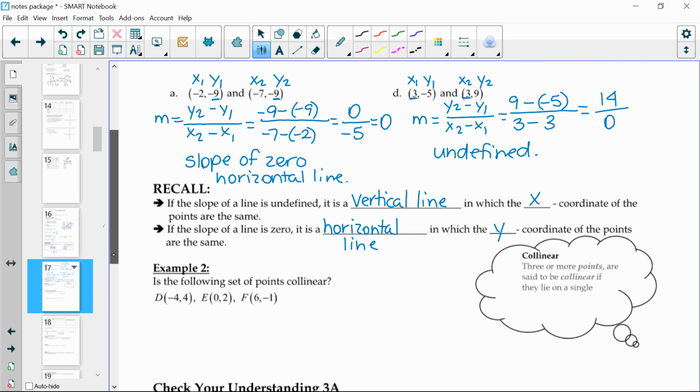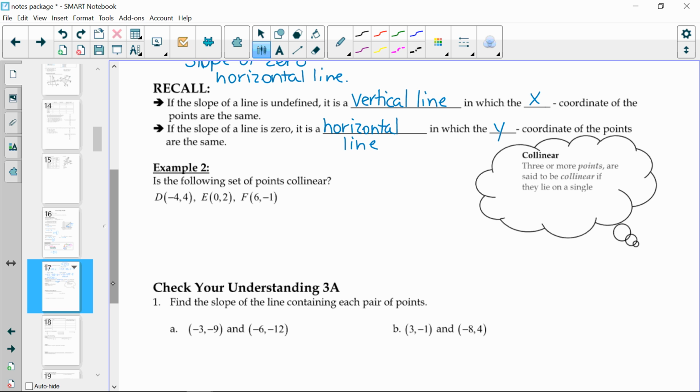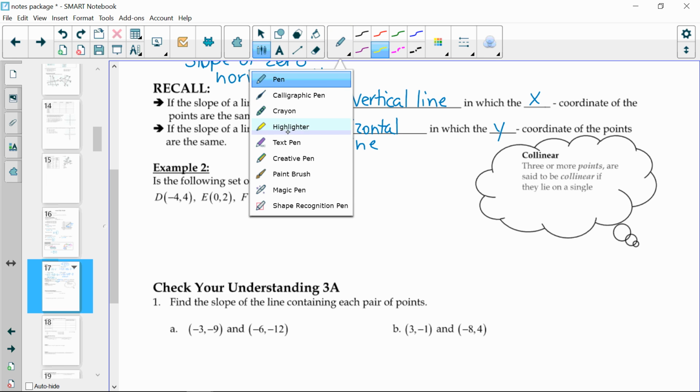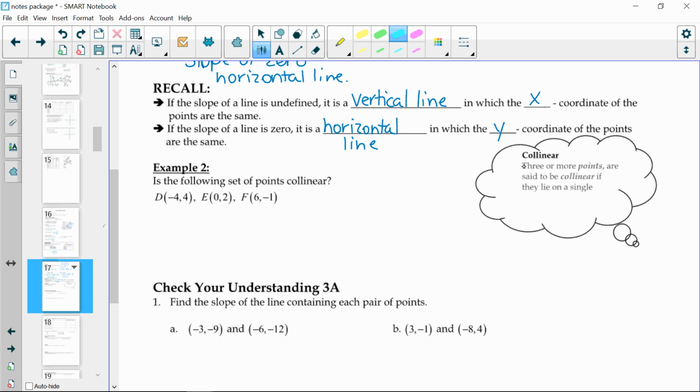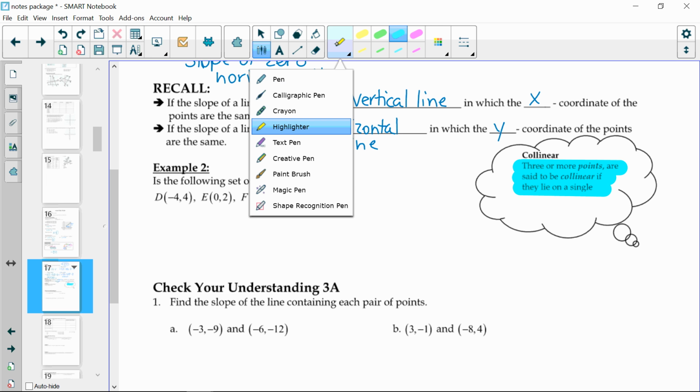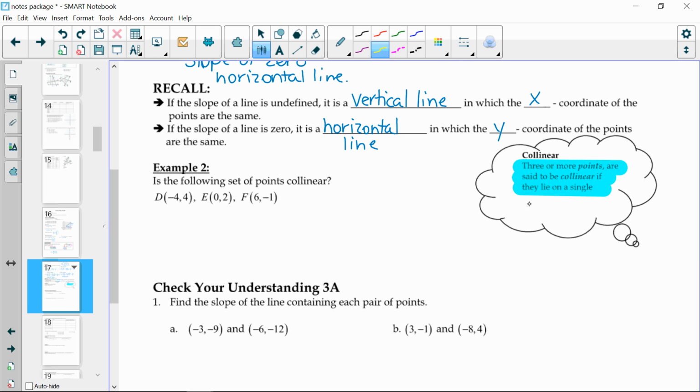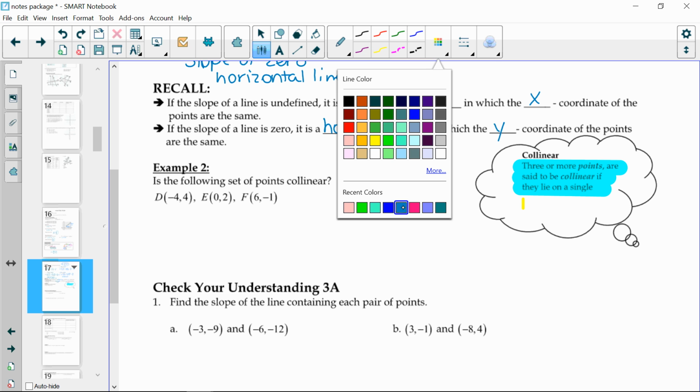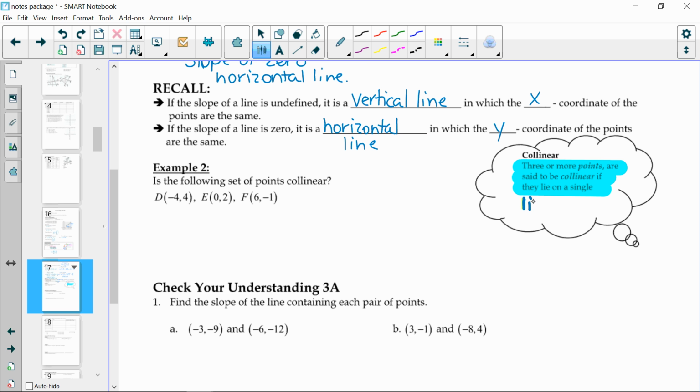Now, example number 2. Is the following set of points collinear? Collinear means 3 or more points are said to be collinear if they lie on a single line.